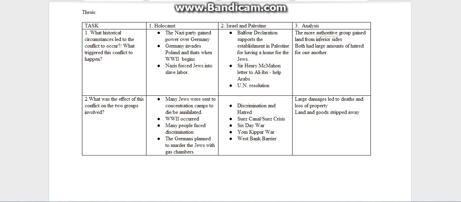And lastly, the Holocaust ended after the Allied powers got involved. And as well as the Arab and Israeli conflict ended.